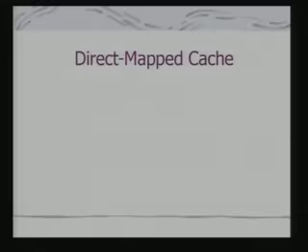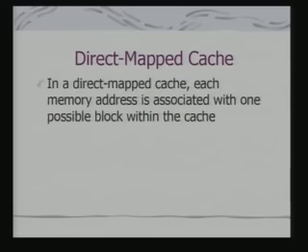So, let us see different caching mechanisms. First, we shall look at the simplest caching scheme, which is direct mapped cache. In direct mapped cache, each memory address is associated with one possible block within the cache.